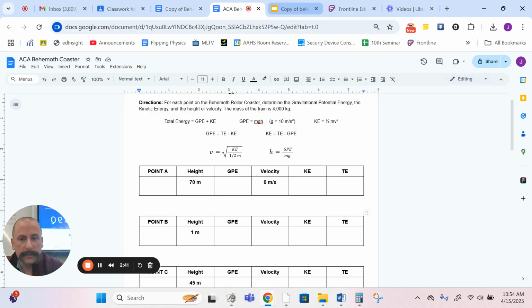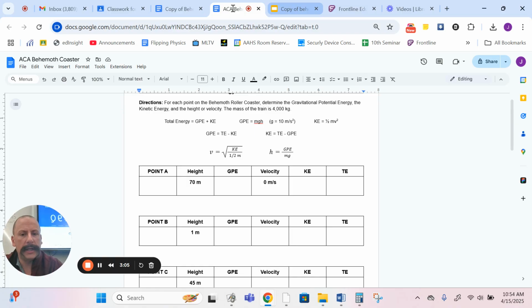If we take a look here at the top, I included that the mass of the train that contains all the riders is 4,000. G we use as 10 meters per second squared, and all of our other equations are up here at the top. If I'm trying to find GPE, I can take the total energy and subtract the kinetic.